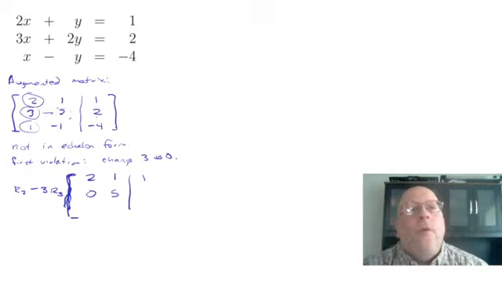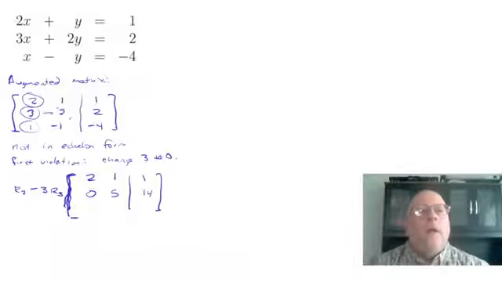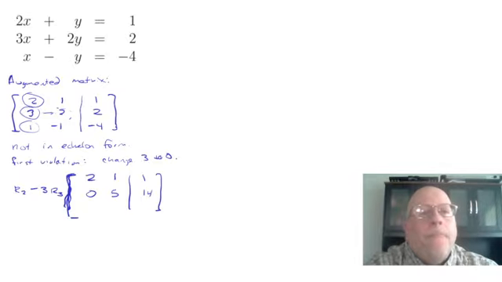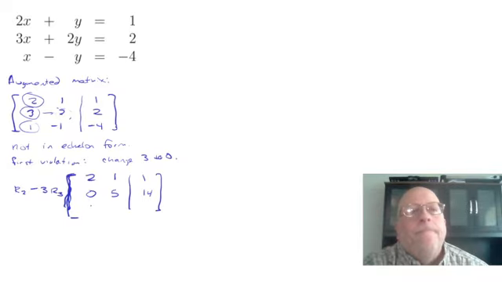And 12 and 2 is 14. All right. So let's give that a try. Then the bottom row is still 1 and -1 and -4.